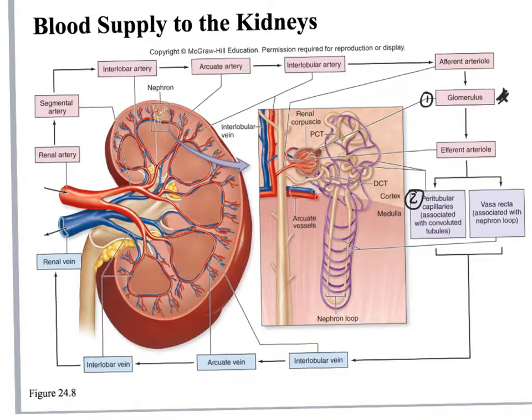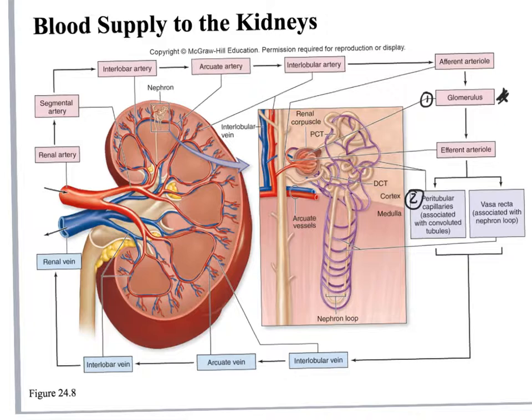So blood exits from the glomerulus from the efferent arteriole and then enters a secondary capillary network called the peritubular capillaries. There's a bunch of capillaries that are wound around the functioning unit of the kidney, the nephron.